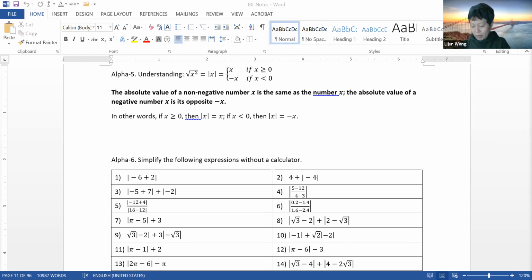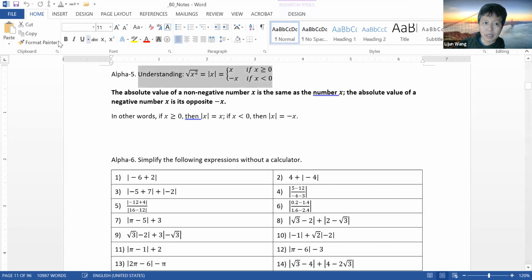Alpha 5 is certainly not new. Understanding this whole thing, I'm going to copy and paste, and then we're going to transition to another window, another share.